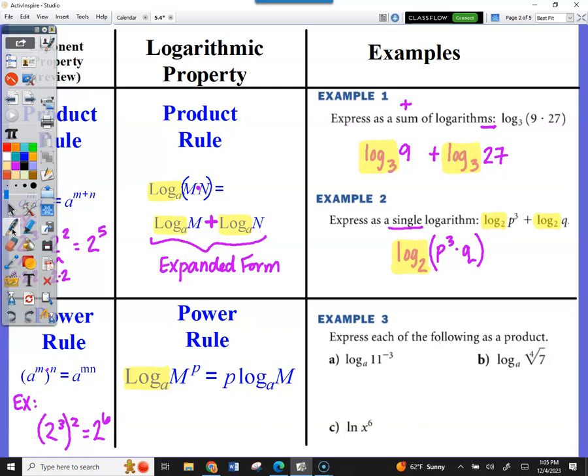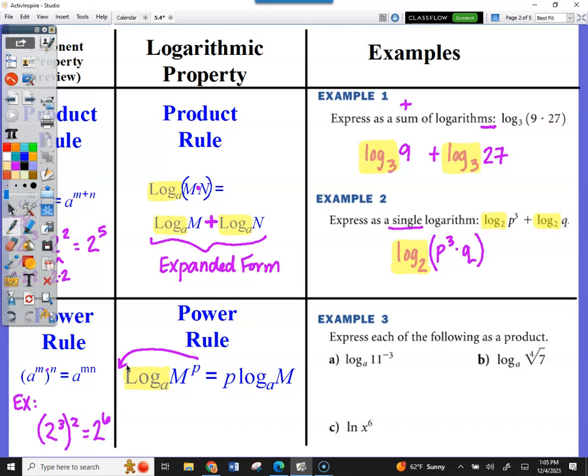The expanded form, okay? Notice where the P went on the right side of this. Where did it go? It moved to the front and no longer in a power position. Now it's like a coefficient, right? I want you to draw an arrow from this P to right there to represent where it's going.